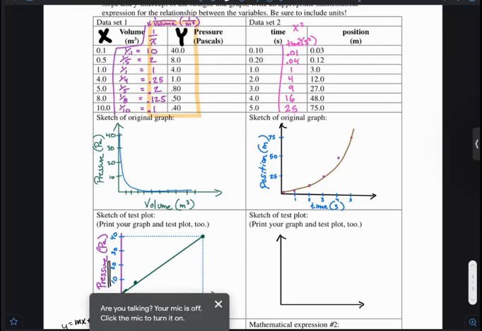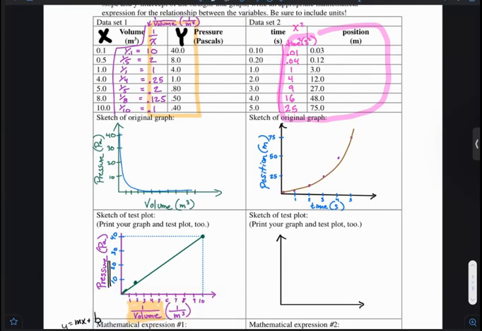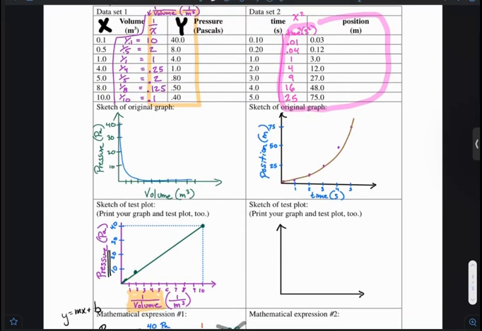So now in my new graph, I'm going to be graphing position versus time squared. And one spot that students make a lot of mistakes when they go on to the next step after this is because they did not label their graph. So I'm going to label my graph. The y-axis stayed the same. It's still position in meters.